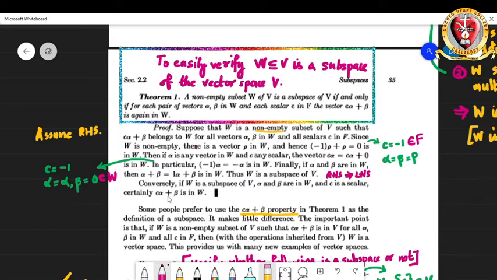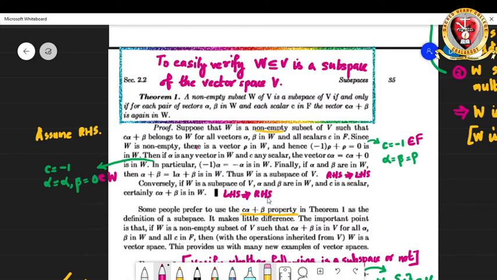So that is true. And if C alpha belongs to W and beta belongs to W, C alpha plus beta belongs to W by the property of vector addition. So we proved LHS implies RHS too. That means the if and only if condition is proved and verified.